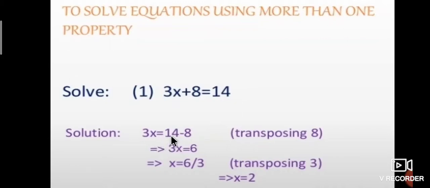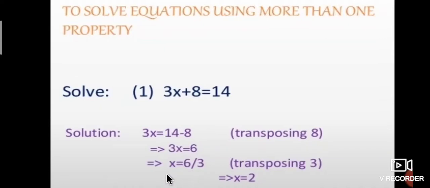Therefore, 3x is equal to 14 minus 8, that is equal to 6.